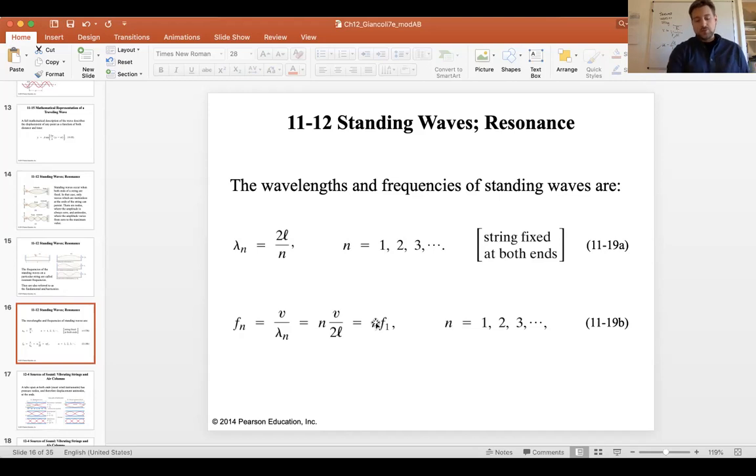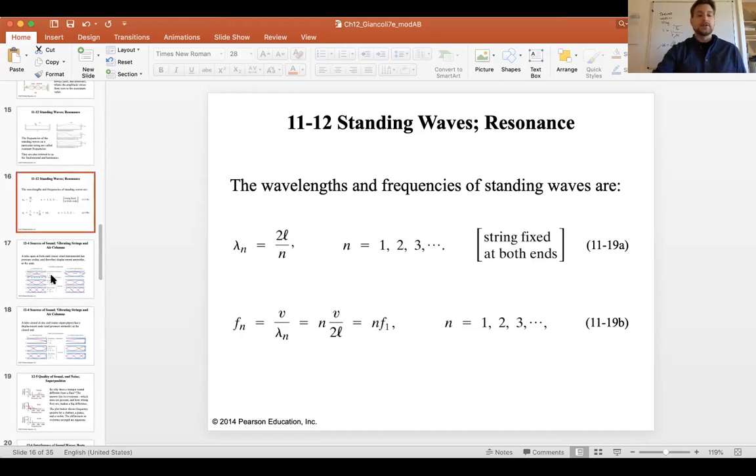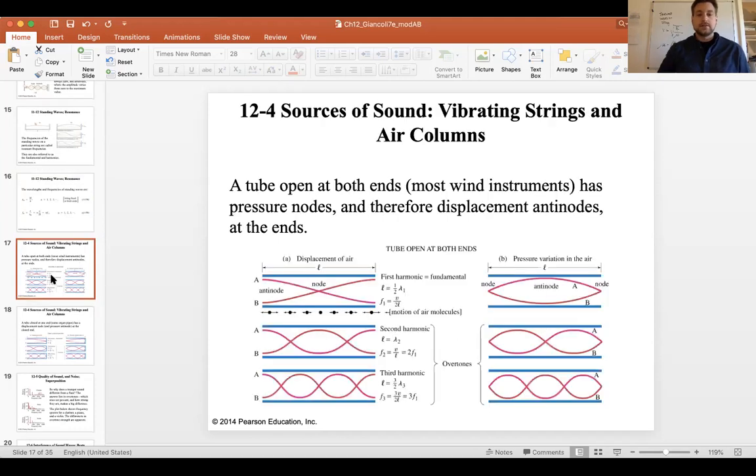Air columns work in a similar way, unless we have one end closed, and I'll explain that in a second. If we have a tube that's open at both ends, in other words, that is not fixed at either end, we can get the same stuff to happen as long as we insist that there are antinodes at each end.